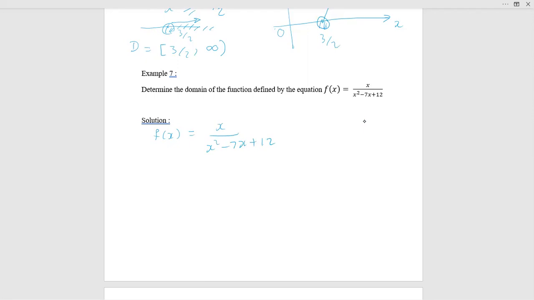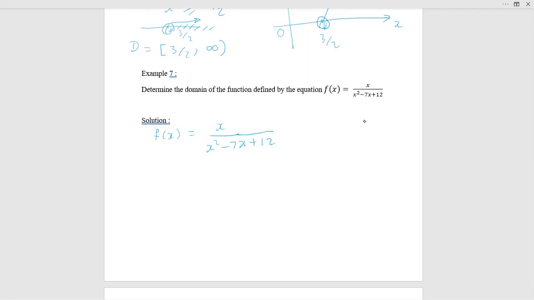The restriction is the denominator. It means under what conditions this function is undefined. If this denominator is equal to 0, this function is undefined.